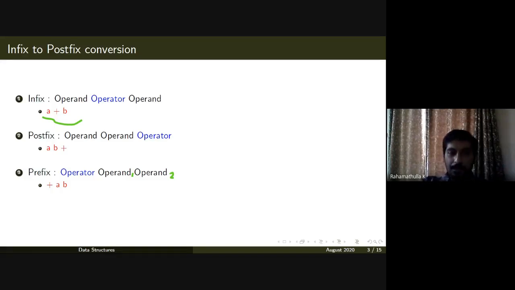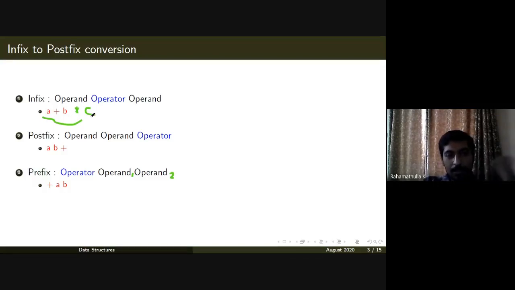For example, if you have multiple operations in the same expression like a plus b star c, then we ourselves are well able to understand which operation is going to happen first, then the second operation, etc.